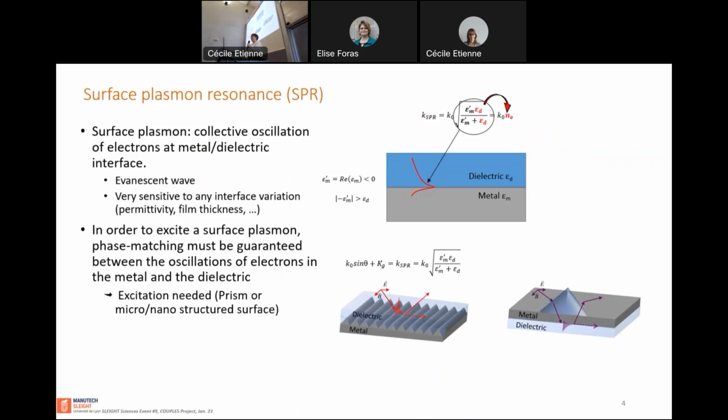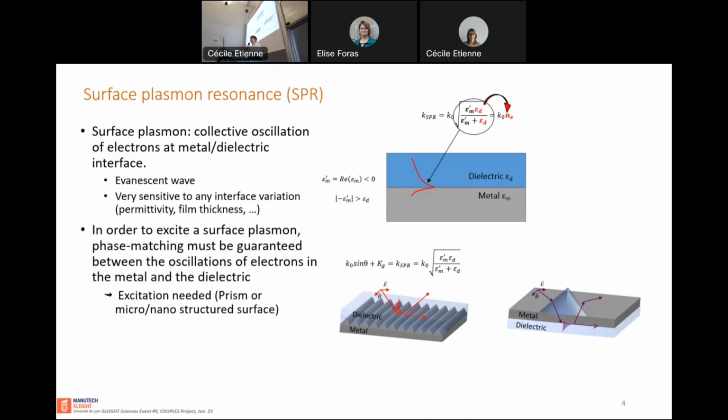So the idea here is to use surface plasmon to characterize an oxidation. While there's an oxidation, it means that there's a consumption of the metal. And an excitation of the surface plasmon with a prism requires that the metal film be extremely thin, about 20 nanometers.